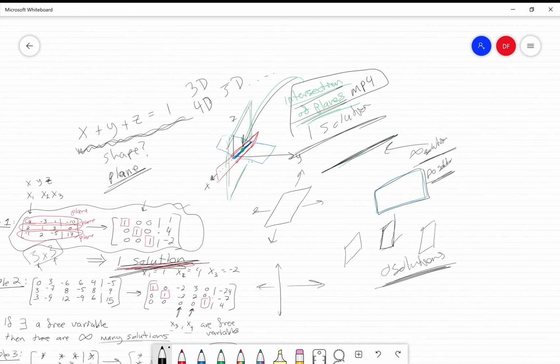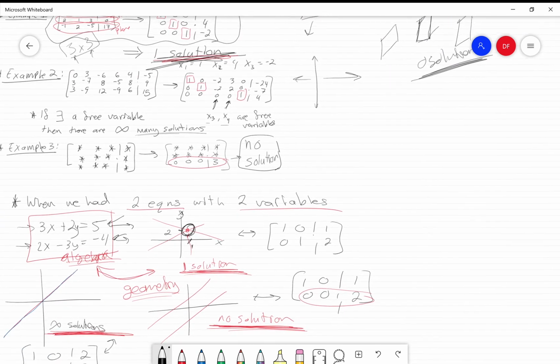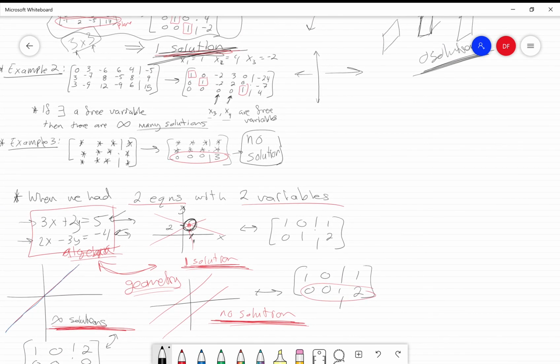Okay? And the only other thing I want to point out is that when I have a system of linear equations, let's say in 2 dimensions, and I graph them like this, then you may ask yourself, what are we doing when we row reduce?